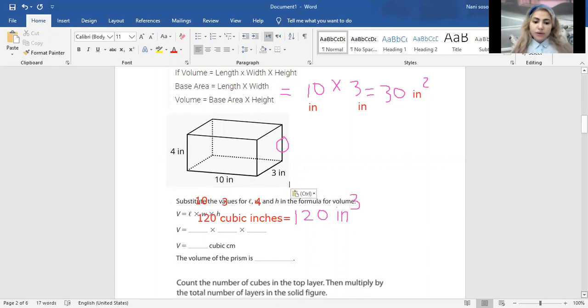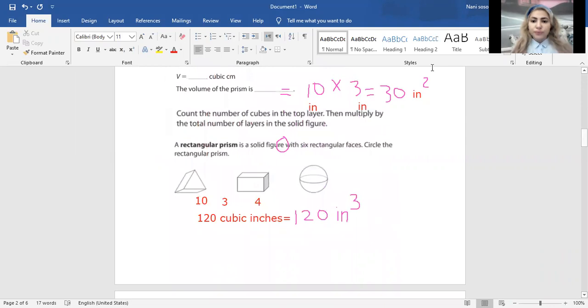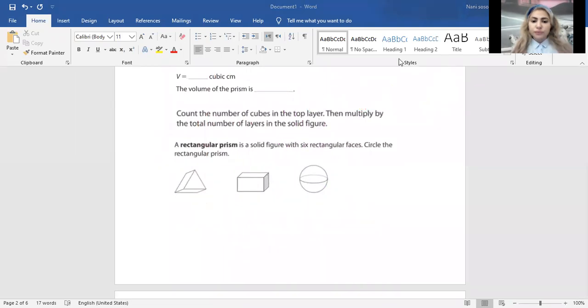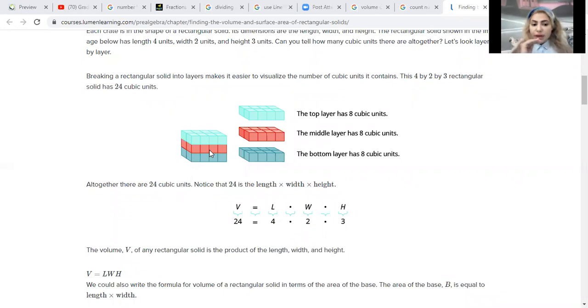Okay, let's go, my lovely girls. When I ask you a question, count the number of cubes in the top layer, then multiply by the total number of layers in the solid figure. Let me show you a very important concept. When I have a cubic rectangular solid like this, how many layers does it have?